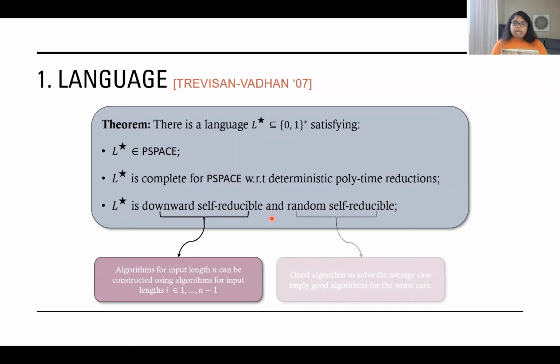And when I say random self-reducible, it just tells me that if I have a good algorithm that can solve it in the average case, then I can use it to construct a good algorithm that also solves it in the worst case. So there are some very nice behaviors that you want baked into this language so that you can use it for our purposes.